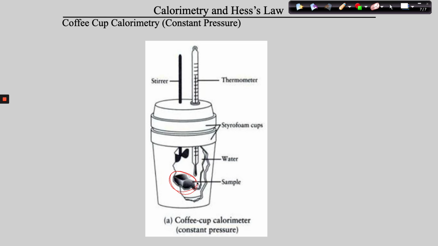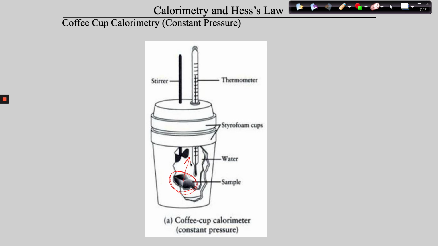We're going to pretend like the stirrer and the thermometer aren't there. So all the energy in the form of heat goes out of the system and into the water, and that's it. On the AP test, you'll see it written like this: assume that all the energy lost by the reaction is absorbed by the water. Get it?